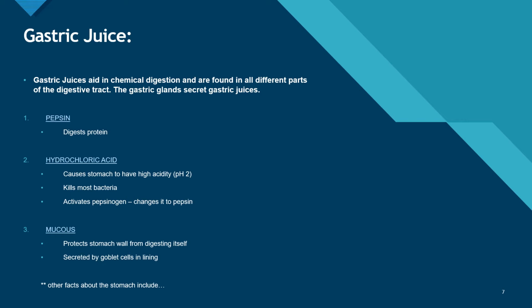Pepsin digests protein, and we'll learn more about the digestion of those later. Hydrochloric acid causes the stomach to have high acidity, a pH of 2, which is really high acidity. Neutral is more around a pH of 7. It kills most of the bacteria, and it also activates pepsinogen and changes it to pepsin.